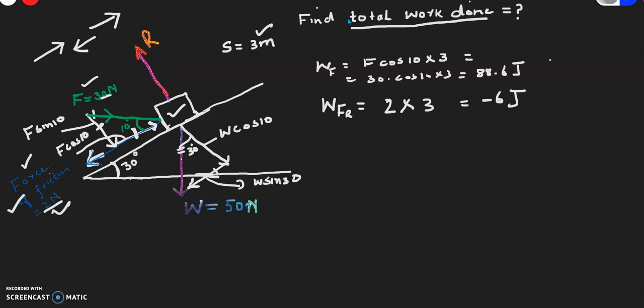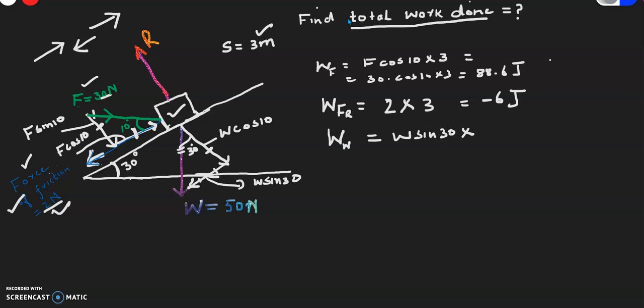Next, we need to find out the work done by the weight, or the relevant component of the weight. The relevant component here is this one, because there is no motion along the other component. Therefore, the work done by the weight component is equal to the relevant component, that is W sine of 30, multiplied by the displacement.